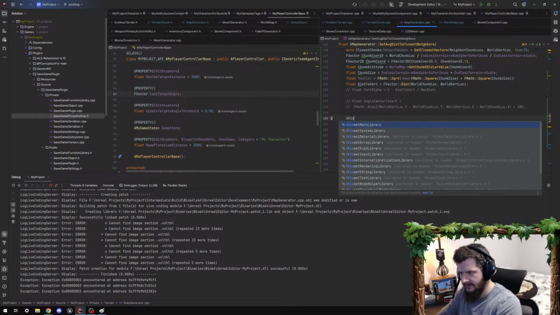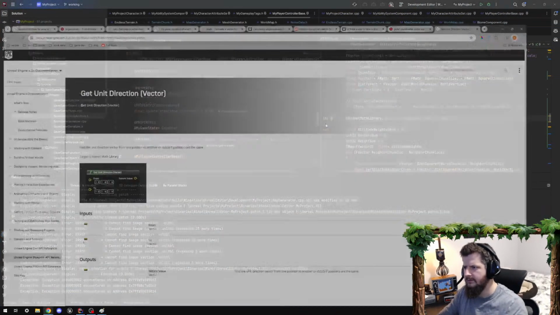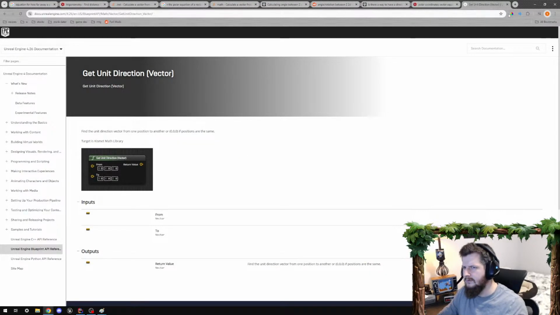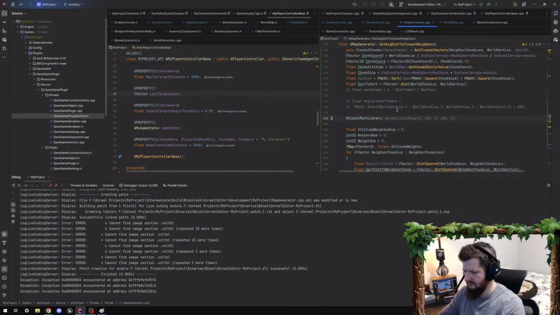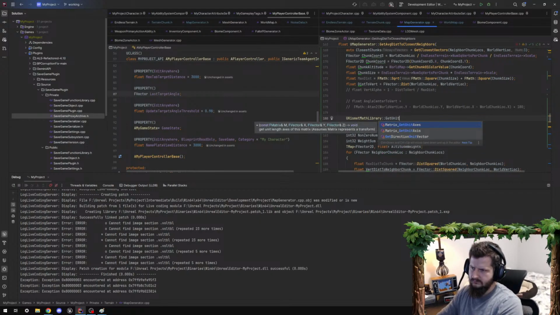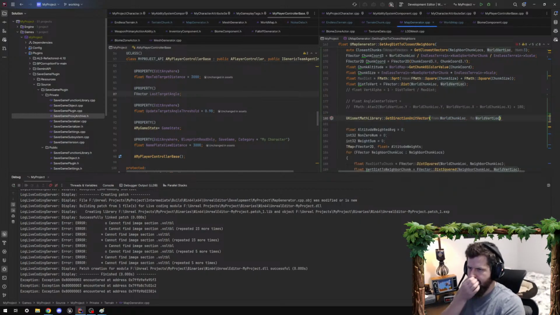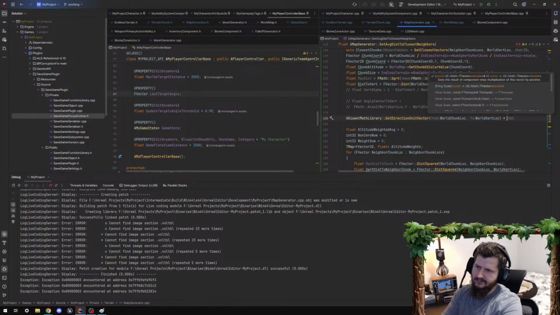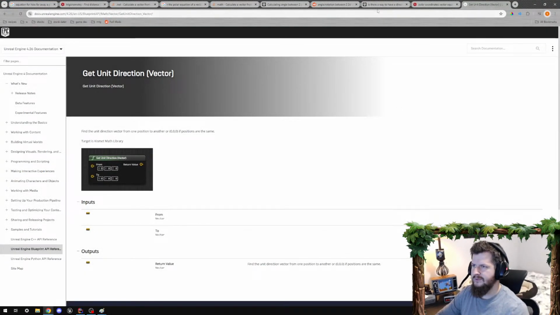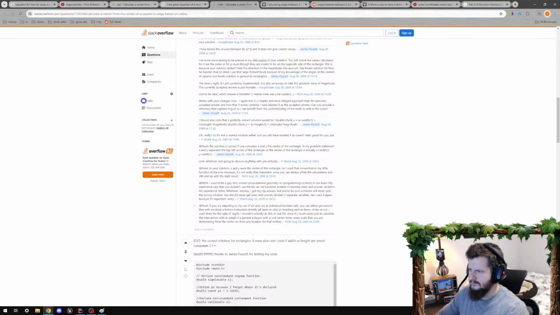Wait, where is the UKismetMathLibrary? Get direction unit vector from world chunk location to world vert location, and then I'm just going to multiply that by, right? You just scale it, times some scale that you're determining from the center.